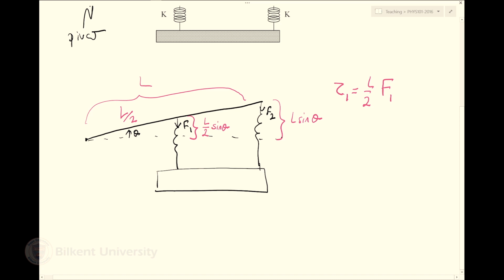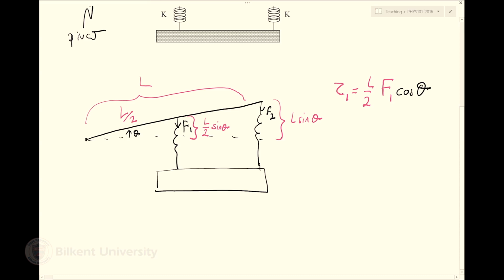I mean, if I need the sine of that angle, that's approximately equal to cosine of the, let's see. So F1, it's actually going to be cosine theta.